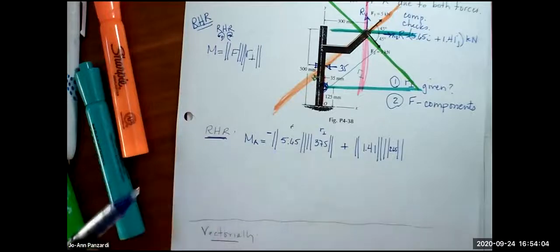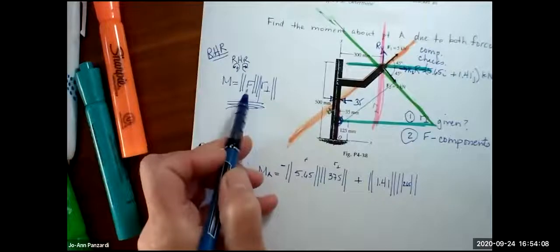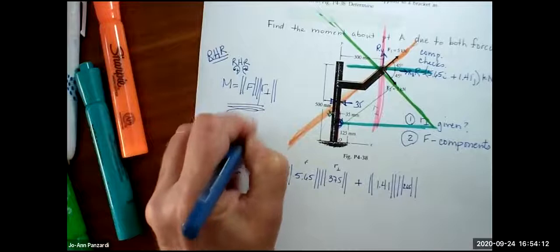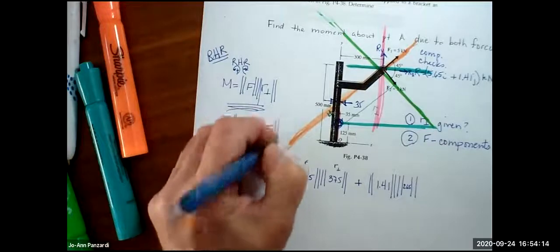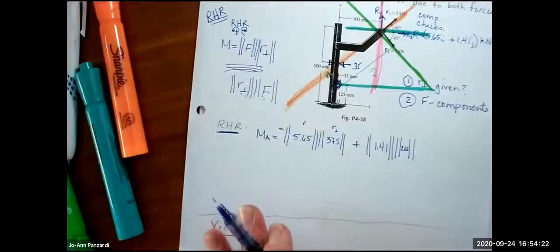I don't know, it's just been the accepted practice. The accepted practice is to do the force times the perpendicular distance. But if you want, you could do the perpendicular distance first and then the force. It doesn't matter because they're both absolute values, and it's just multiplication, not cross product. But if you look in the text, that's just the accepted way.